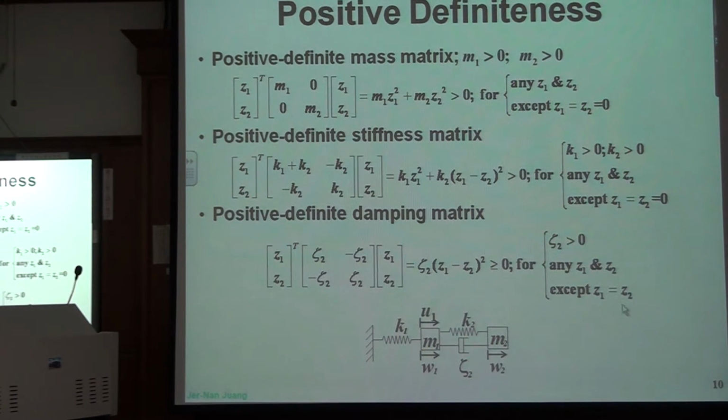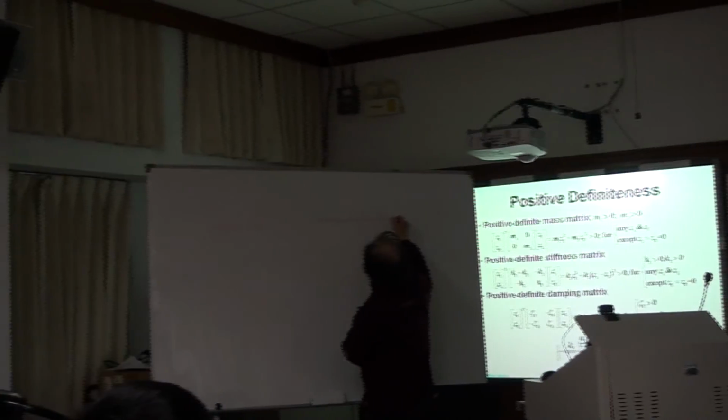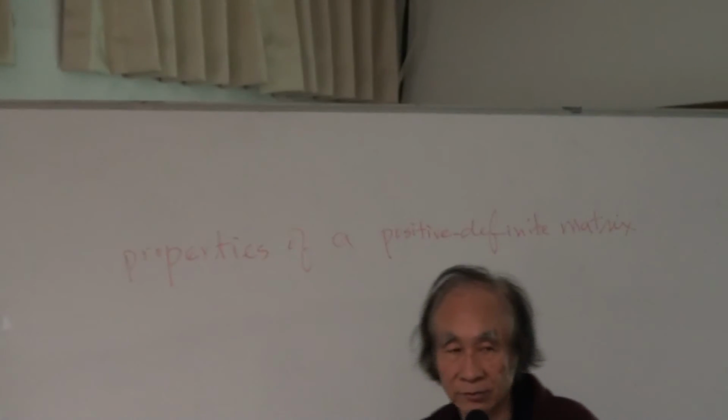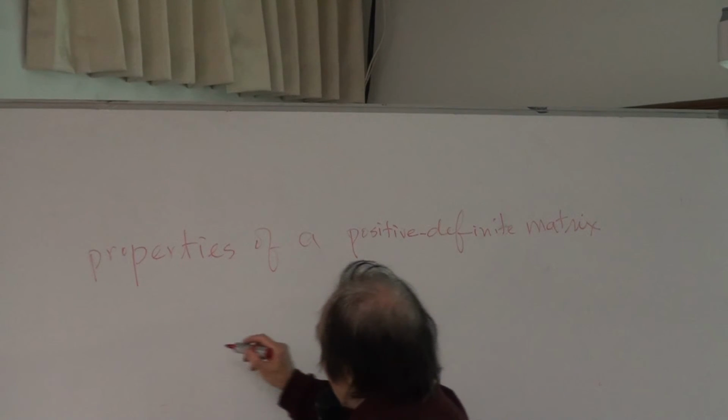All right. Now, here's a property for positive definite matrices. What is the property of this, based on our definitions? If you are interested, you can look at my notes on fundamental linear algebra. That note has that. All right.